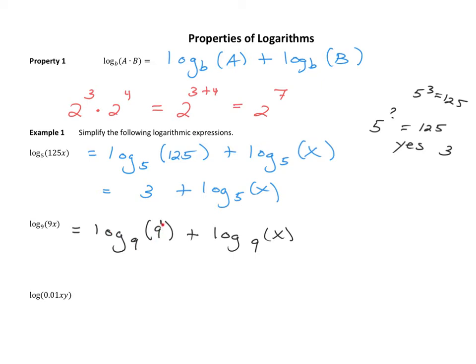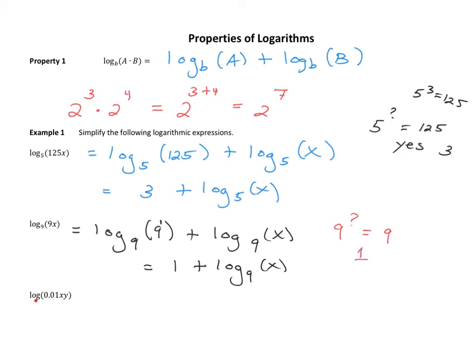Log base 9 of 9 to the 1st is just 1. So I can replace that whole thing with 1 plus log base 9 of x. Again, the reason for that is the way we got 1 was you take the base, you're asking what number do you put in the exponent so you get 9, and the answer here would be 1.